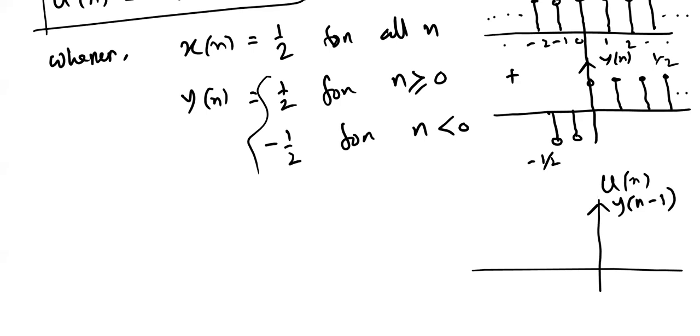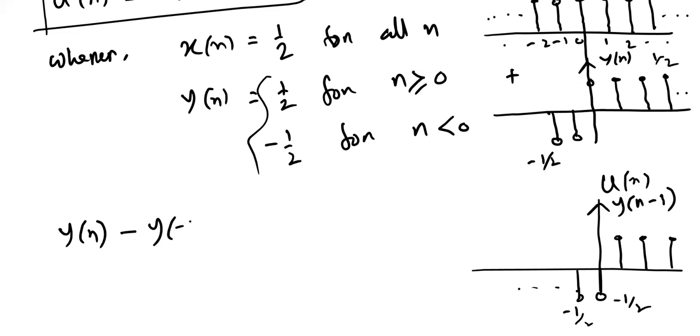It will shift one sample right, and it looks like half, half, half all the way, and at the 0th location it will be minus half, and it goes up to infinity.